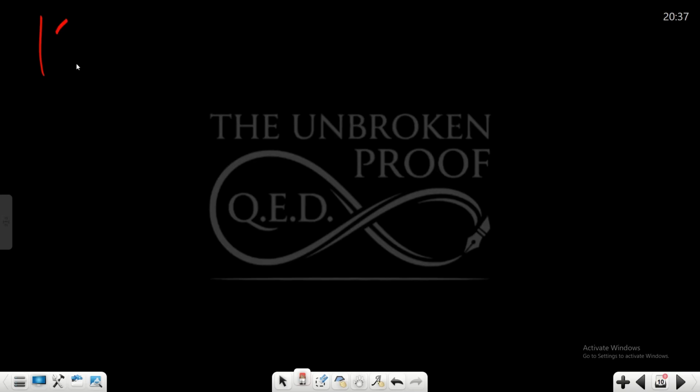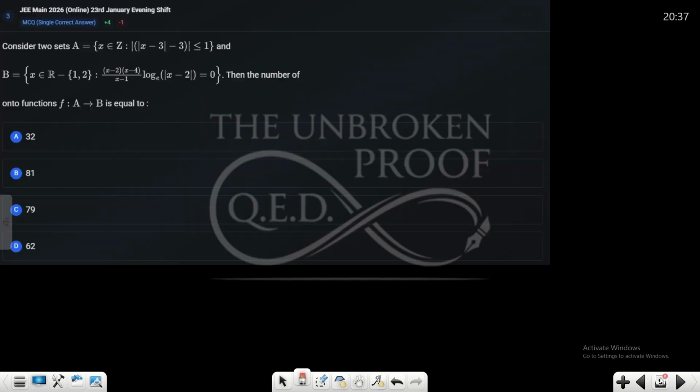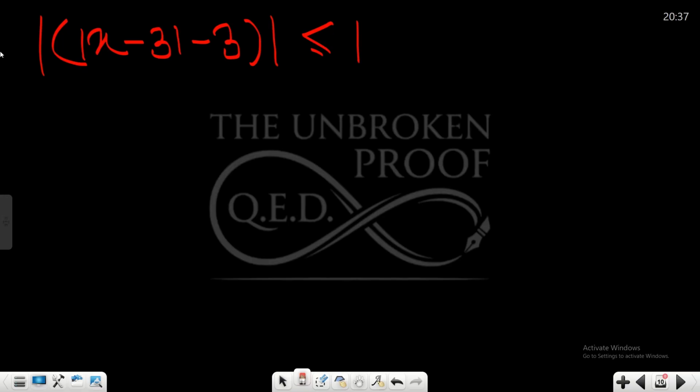Now if you see, the inequality given in A is something like mod of (mod x minus 3) minus 3, and this should be less than or equal to 1. If you remove the mod on the left-hand side, you will get minus 1 less than or equal to mod of x minus 3, minus 3, and this should be less than or equal to 1.